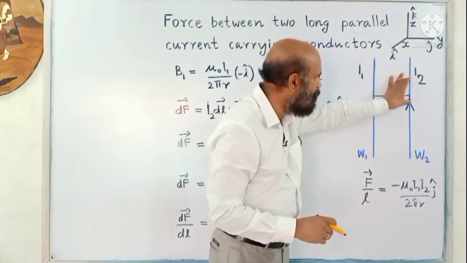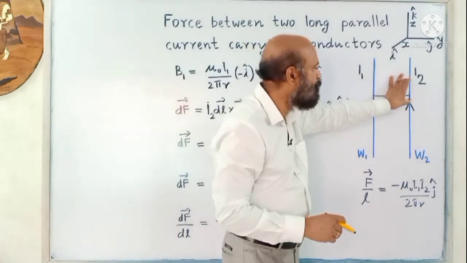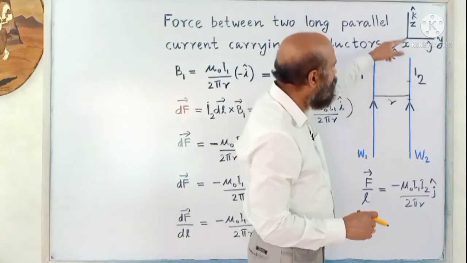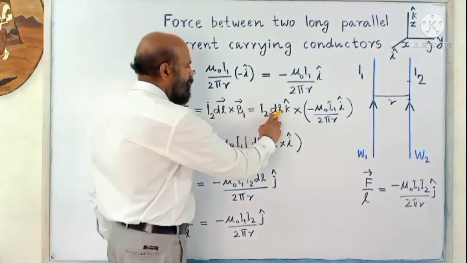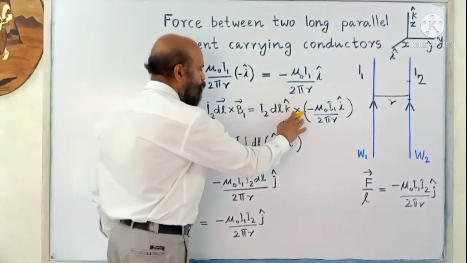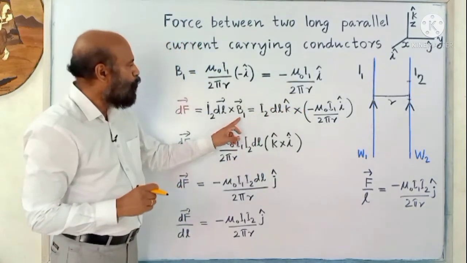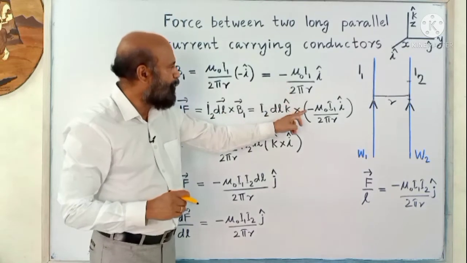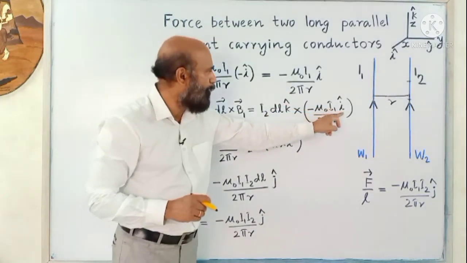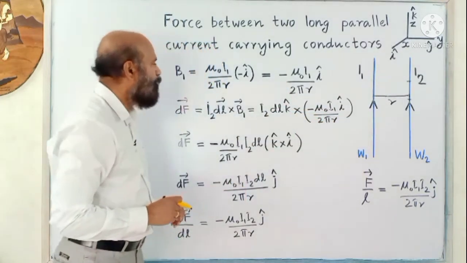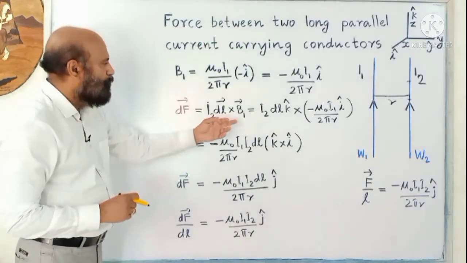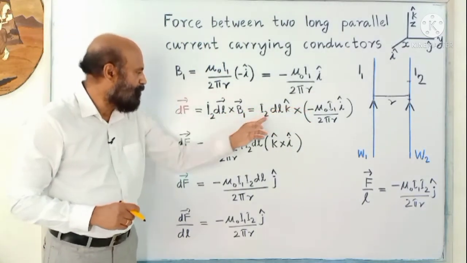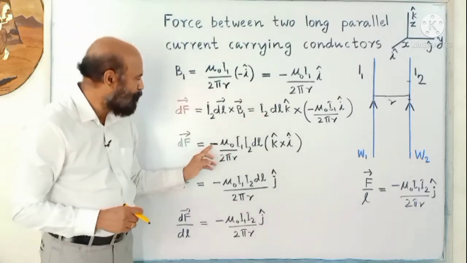Here this is the dl. Since it is in the upward direction, dl vector can be written as dl k cap cross. For B1 you can write this, minus mu 0 I1 i cap divided by 2 pi r. Then this negative sign is written at the beginning.